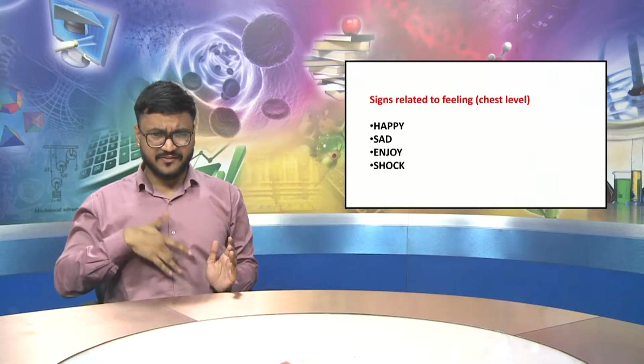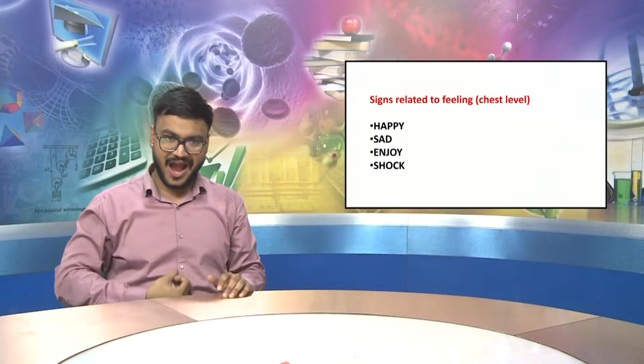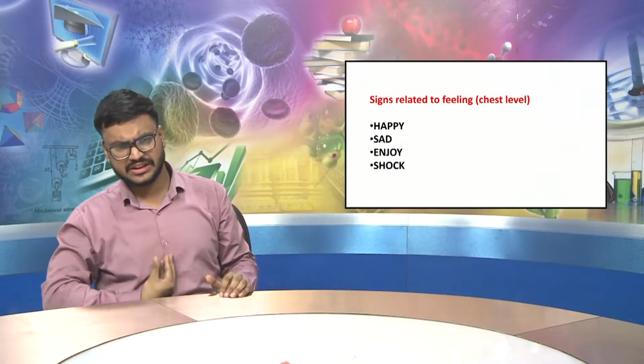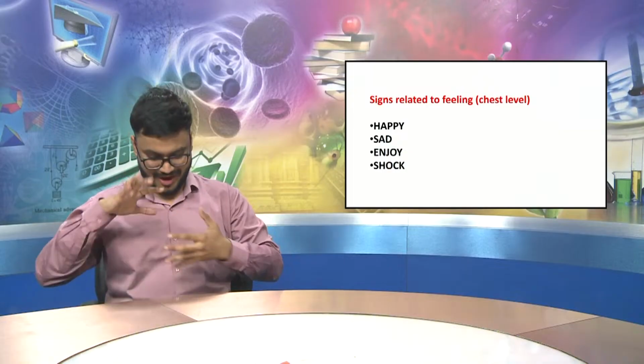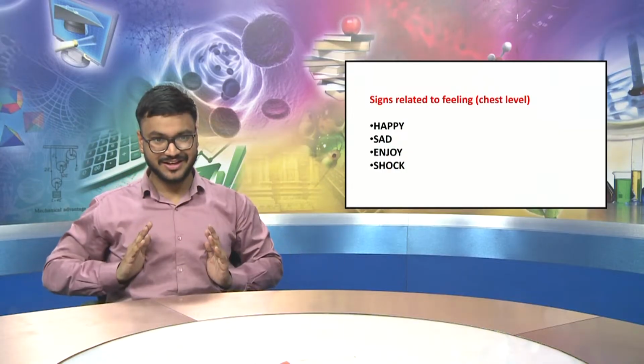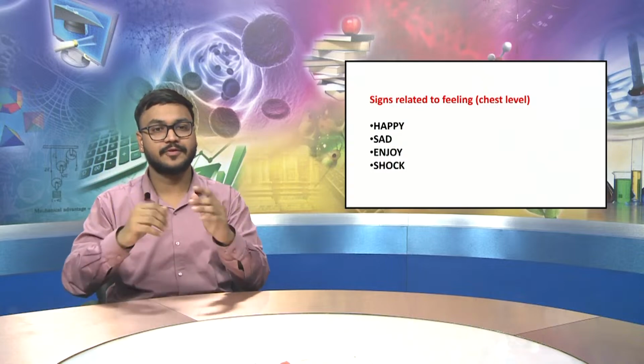Now we will look about the signs related to feelings. Their sign location is chest level. Example, happy, sad, enjoy, shock. Everything is made near our chest.